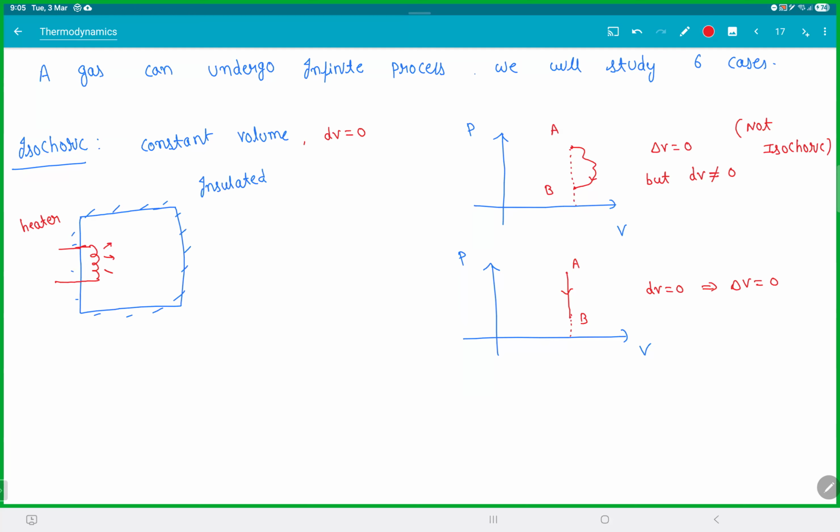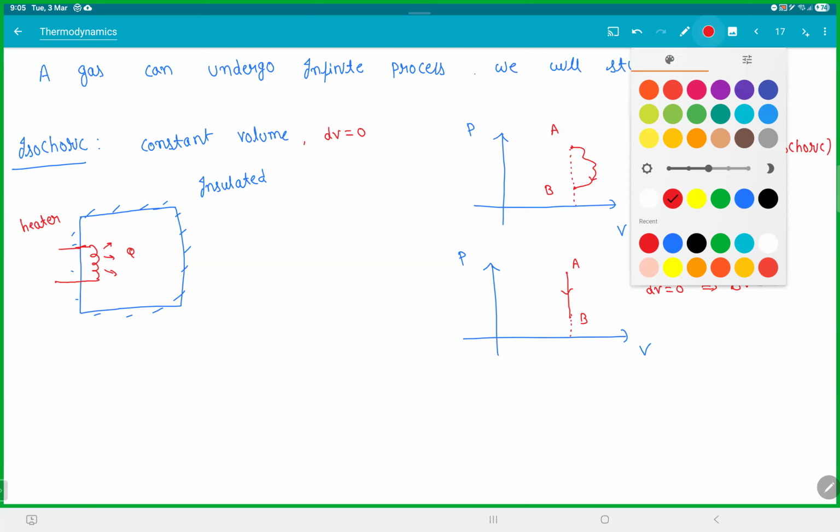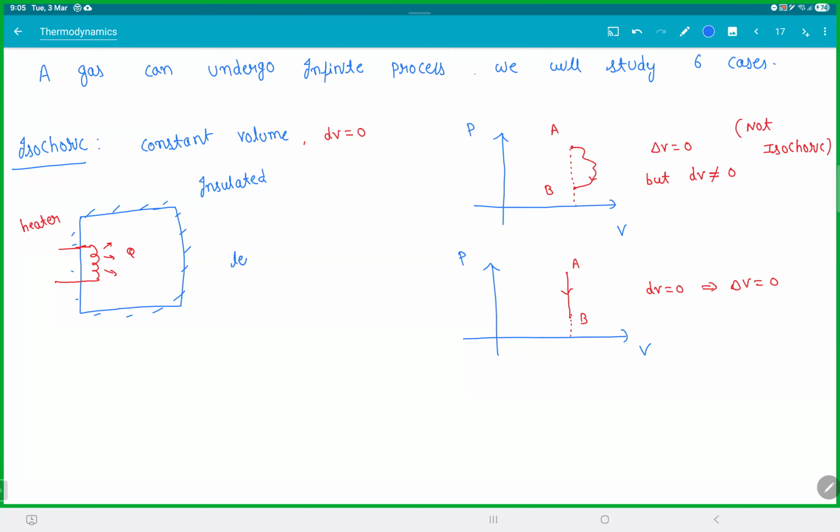So this is giving out heat Q. In this process, let the temperature rise by dT. So when heat dQ is given to the system, what we are trying to find is dQ, dU, and dW in each process. So let the temperature rise by dT.